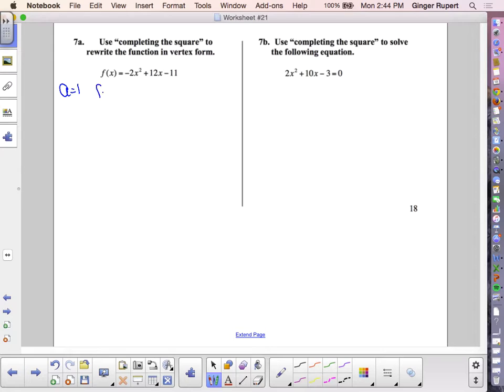I'm going to separate the terms with the variable from the term that does not have that variable. I'll factor a 2 out of the parentheses, so I have negative 2 times x squared minus 6x.